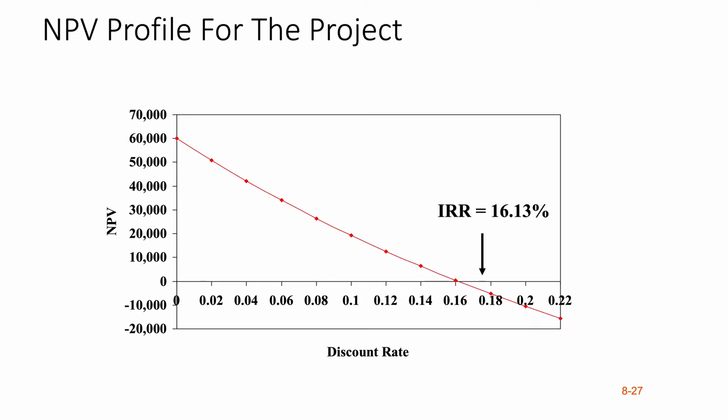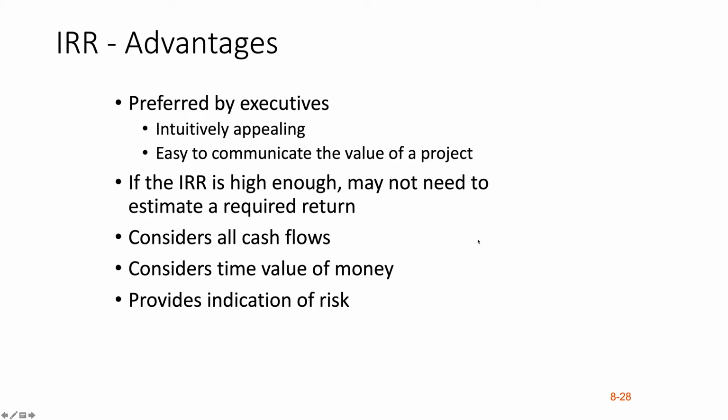IRR is the discount rate, a cutoff rate, exactly on the spot. Here is the break even. In other words, the net present value equals 0. People like using the internal rate of return, particularly executives. It's intuitively appealing and easy to communicate, because we say that this project is 16.13%.